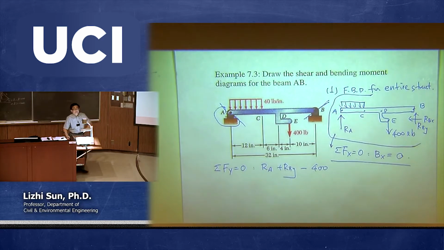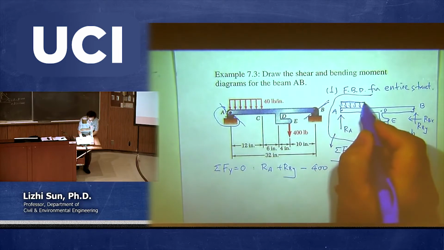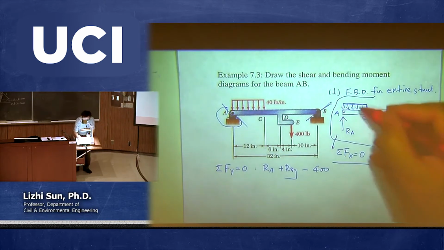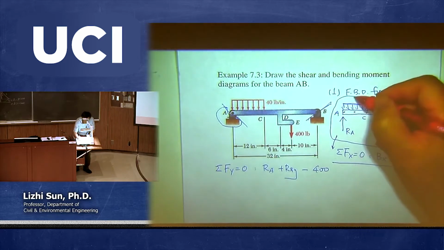I hope you still remember from chapter 5 we are making the equivalence. In other words, this distributed load is equivalent to a concentrated load acting at the local center between A and C.